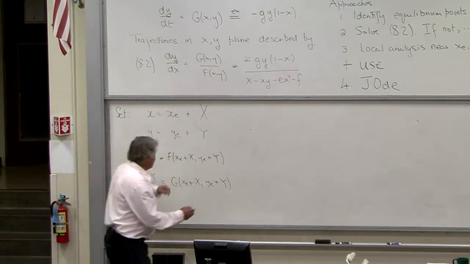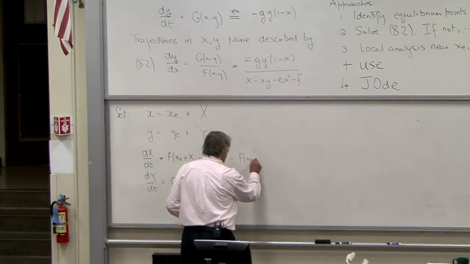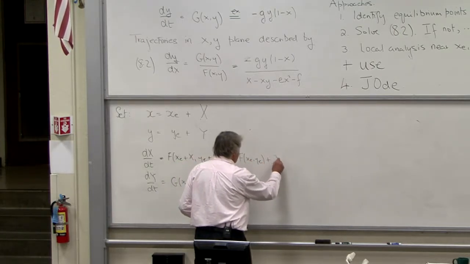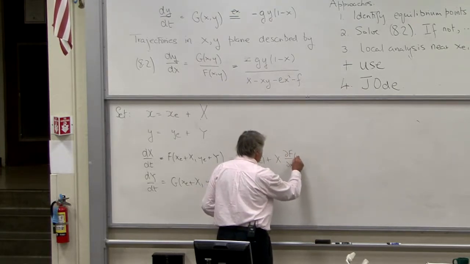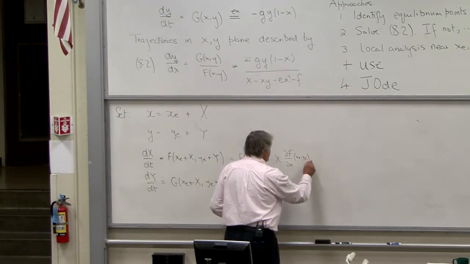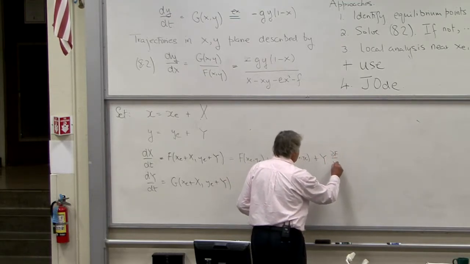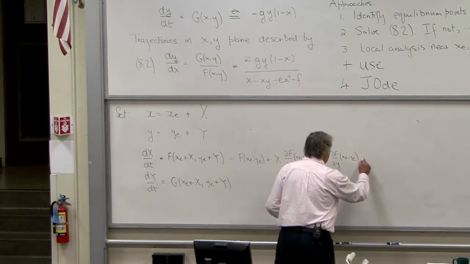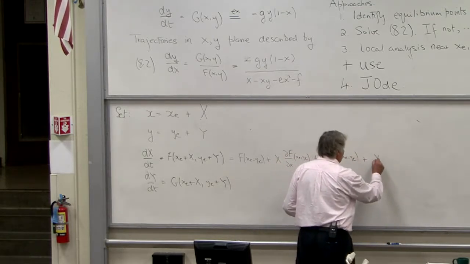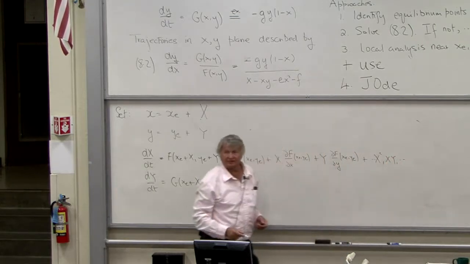So we're going to expand this out in the Taylor series, which is just this: X times df by dx at xe, ye, plus Y df by dy at xe, ye, plus terms which are X squared, XY, just the higher terms in the Taylor series.